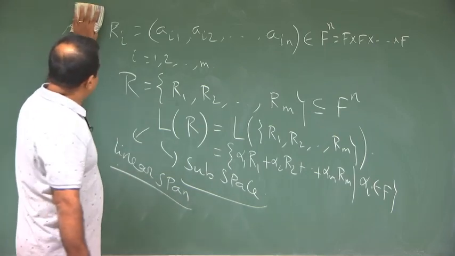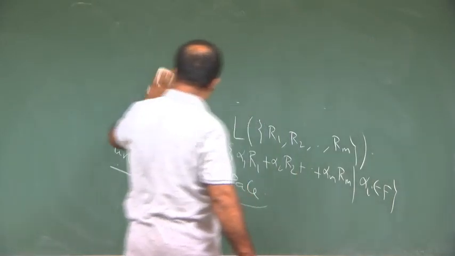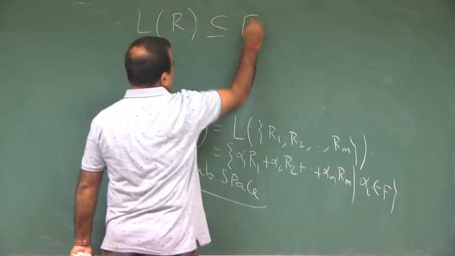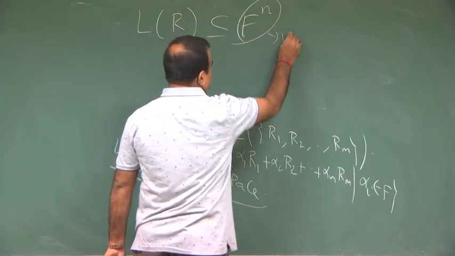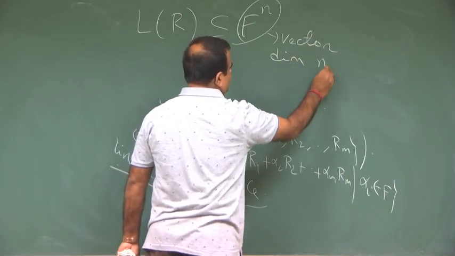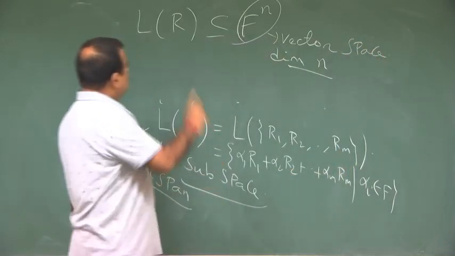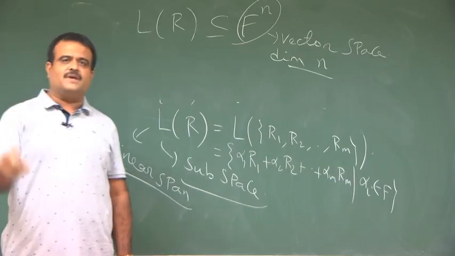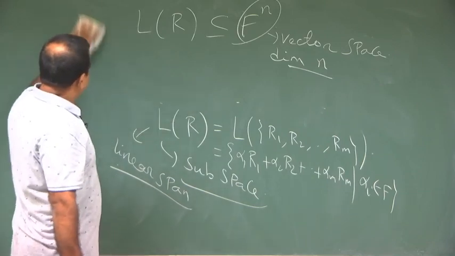To show this is a subspace, what can we do? This is a subset of F to the power n, and F to the power n is a vector space, an n dimensional vector space with dimension n. Now, how do we prove a subset is again a vector space, so that it is called a subspace?